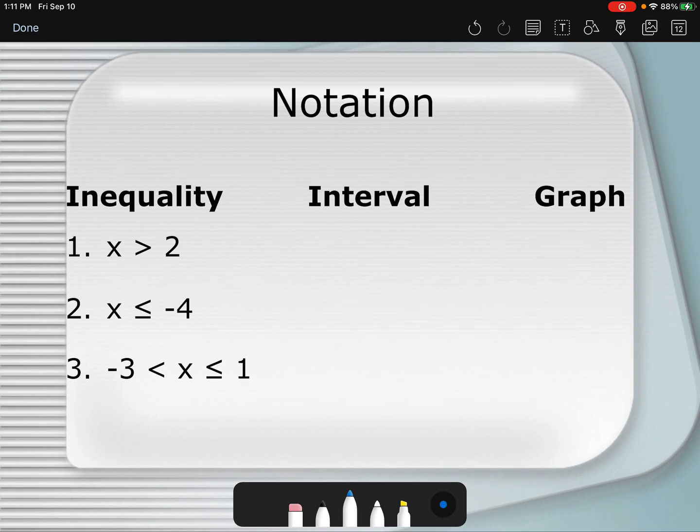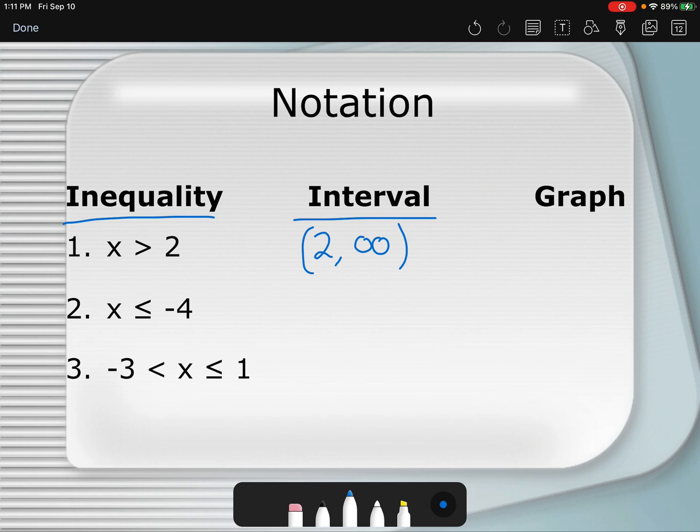We have two ways of writing the solution: inequality notation and interval notation. So interval notation, x greater than 2, means everywhere beginning at 2 going to infinity. We read left to right, so it's 2 to infinity.